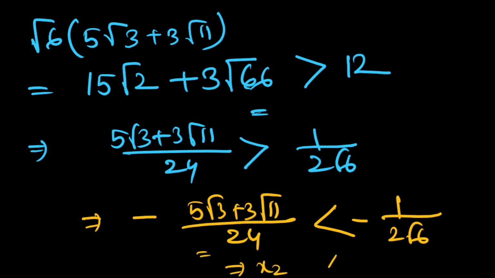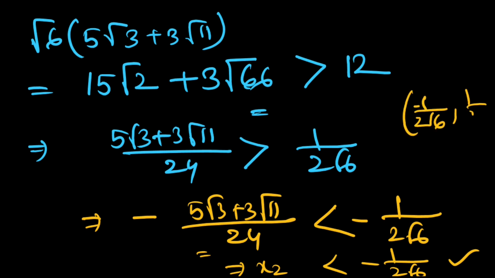So x2 is less than minus 1 over 2 root 6. That means x2 is outside of this range, minus 1 over 2 root 6 to 1 over 2 root 6. So therefore x2 is not a solution of our expression. So x2 is cancelled.